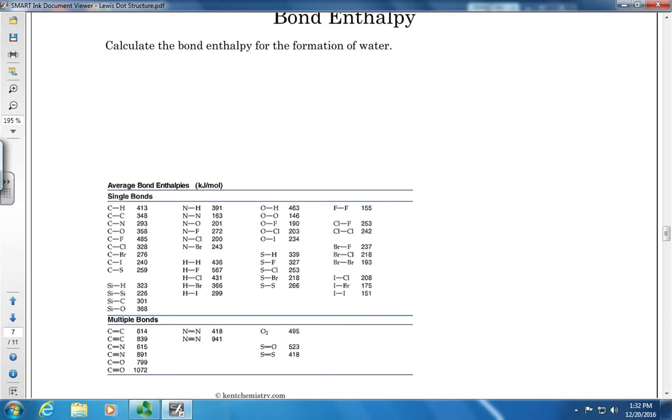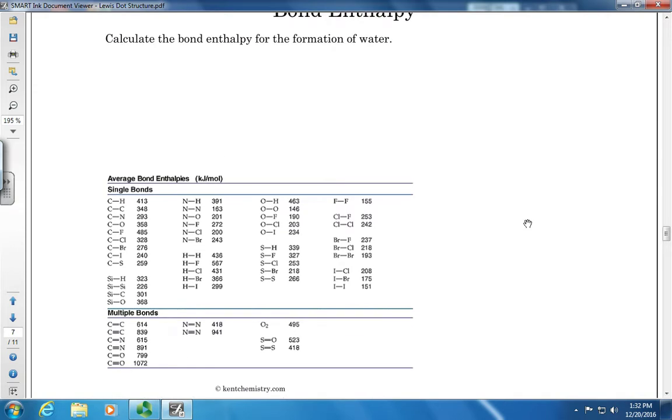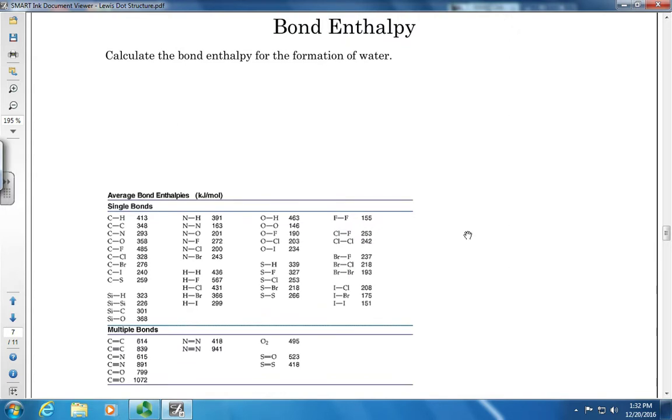So let's get started. The first thing you're going to want to do is write the chemical equation for the formation of water. So we have diatomic hydrogen plus diatomic oxygen is going to yield water.